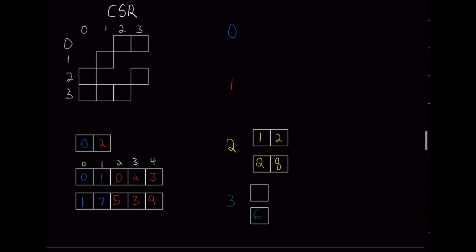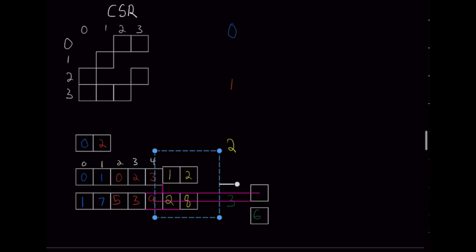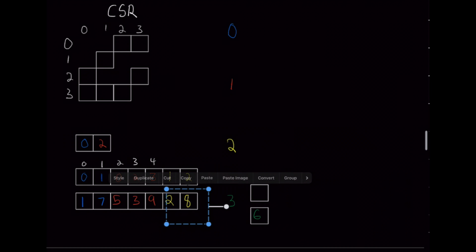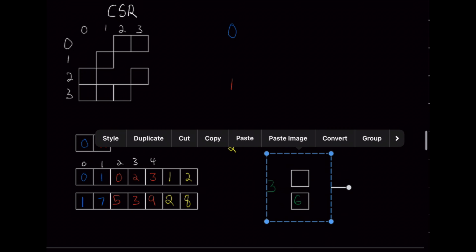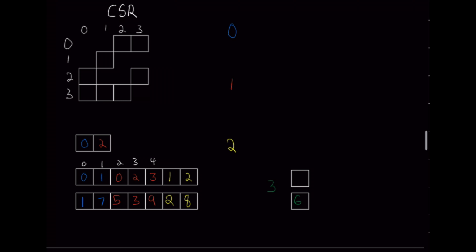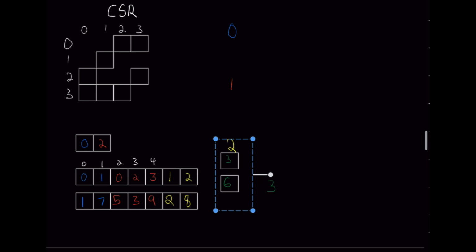And row 2 starts at 2. And now we expand to add row 2. And we add row 3.